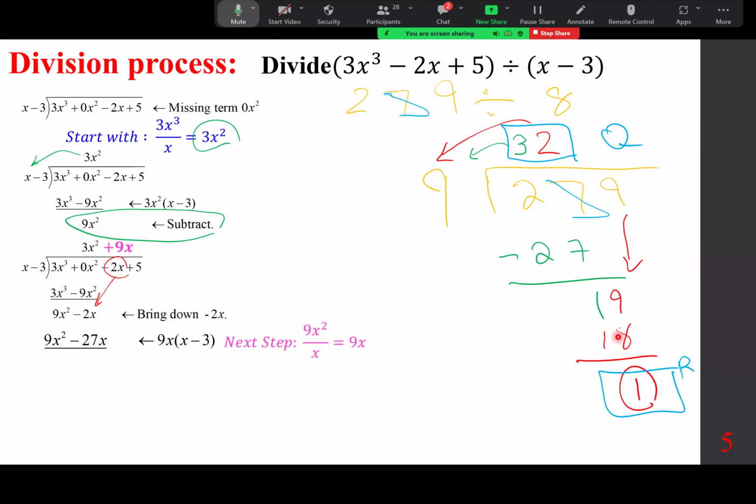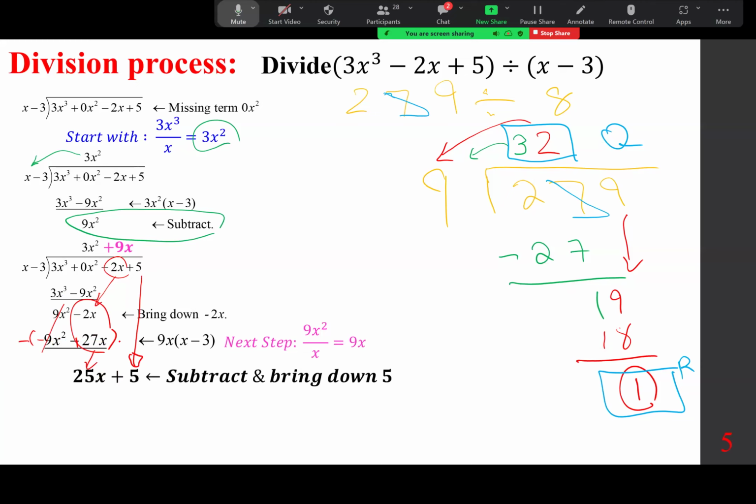We did here, and we subtracted 18 from 19. So we're going to subtract this one from this one. When we subtract, I want to make sure we understand. So we are subtracting this, right? So you can say this is negative. They cancel each other. This is positive, and we get 25x. And you bring the last one right down.